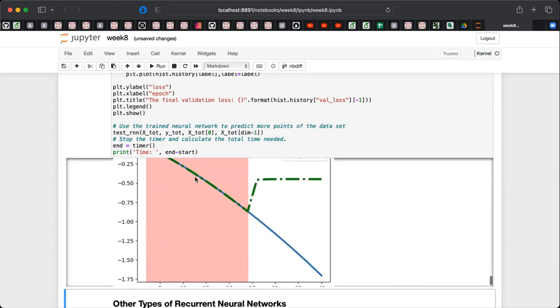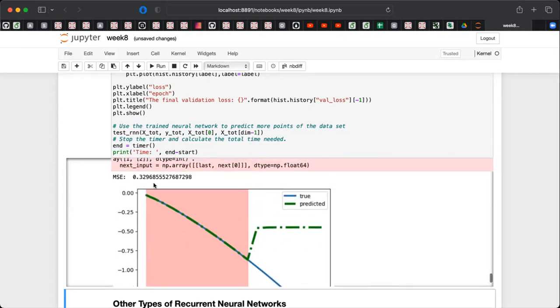I do well on the data I'm training, but in this particular case, my prediction is pretty bad. And you also see that the total mean squared error is not very good either. So this is a typical example of a problem where we are trying to make a more advanced deep neural network, and the prediction actually fails on the data which has not been included in the training.